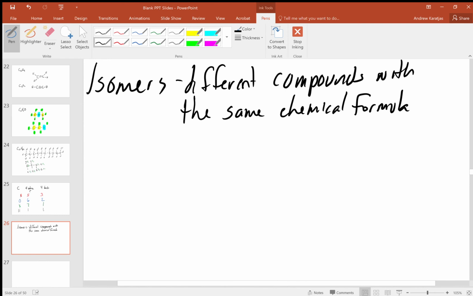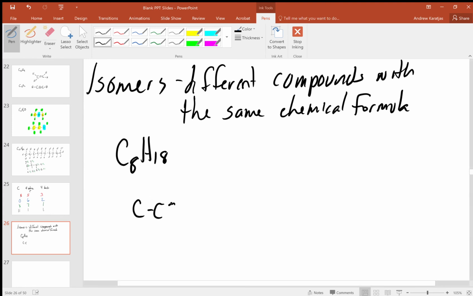One of the best examples of this, because does that mean that these are completely different molecules? The answer is yes. If we look at the compound C8H18, I'm just going to draw out the carbons.